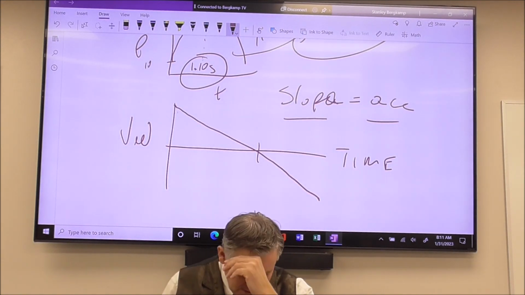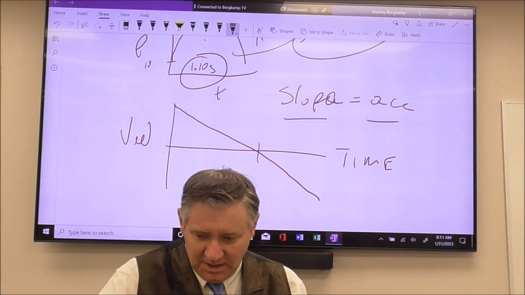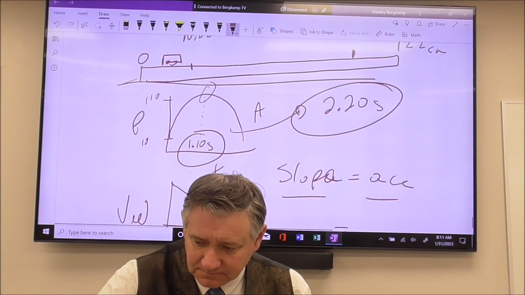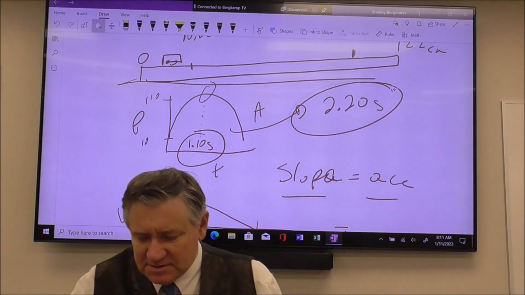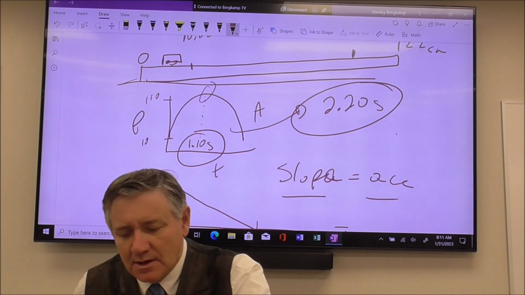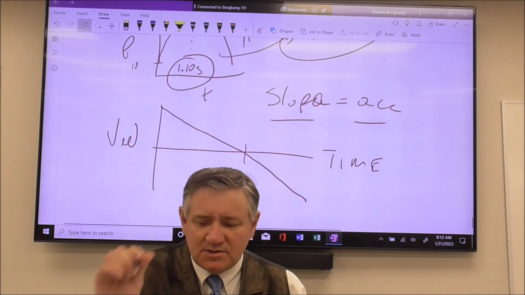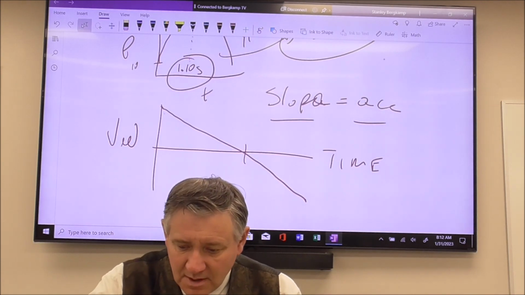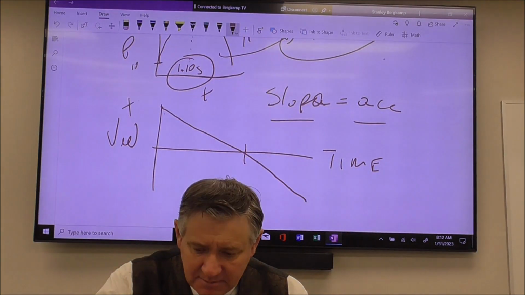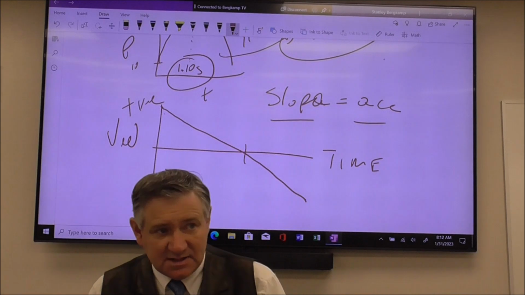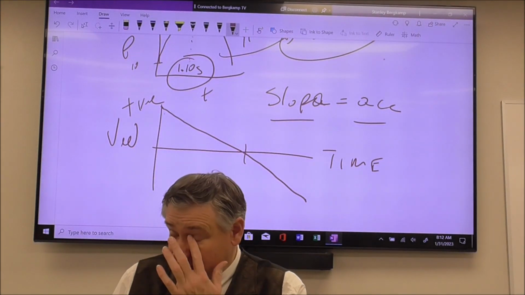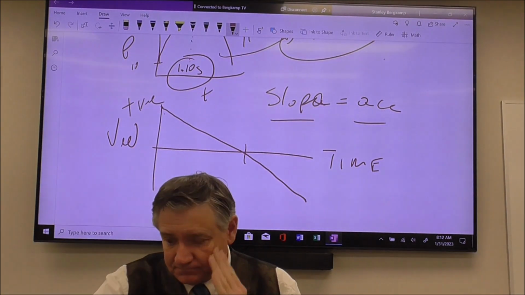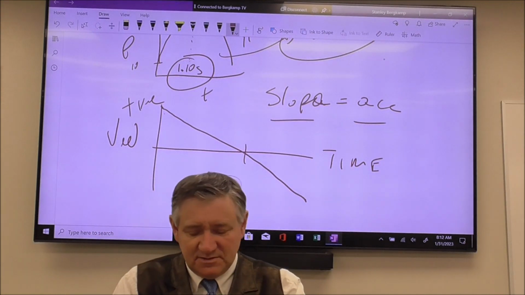If you look at this data of 2.20 seconds, here's the question. The total time was 2.20 seconds. All I know is that I'm going to start with some positive velocity.